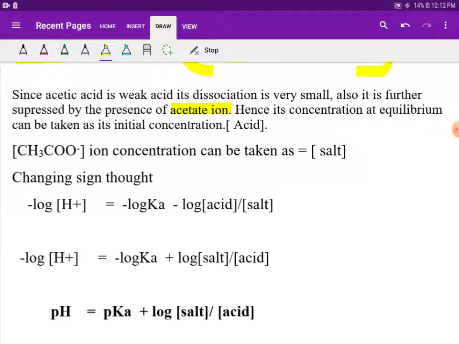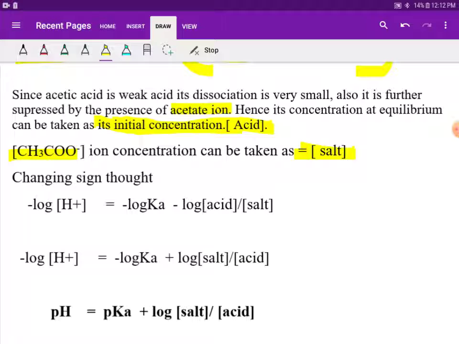Hence, the concentration of acetic acid at equilibrium can be taken as its initial concentration, that is the concentration of acid. Then the concentration of acetate ion can be taken as equal to the initial concentration of the salt, because it is fully dissociated.